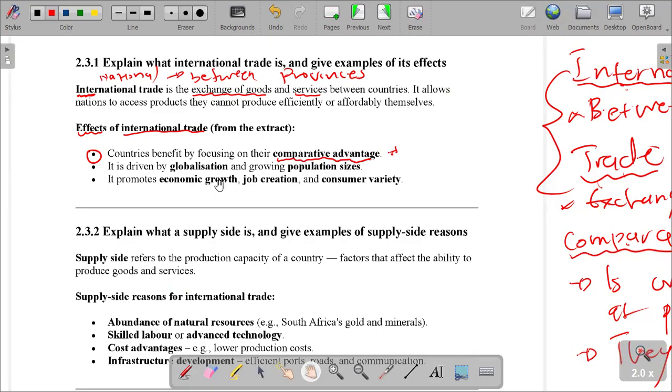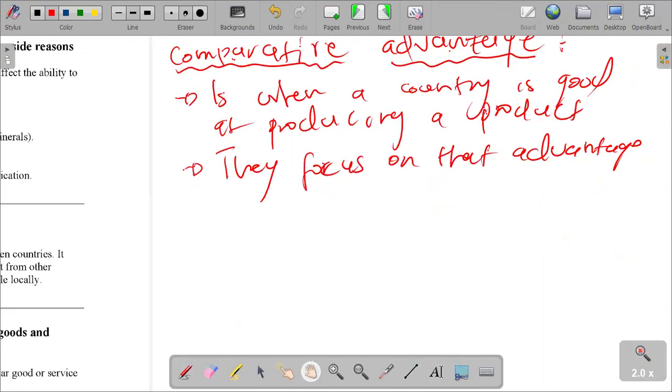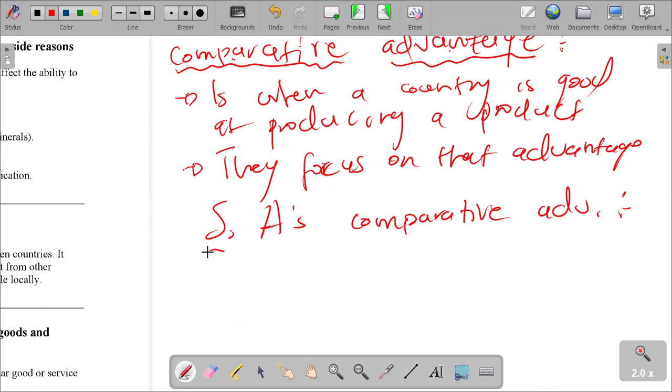So what it means is that if South Africa is good at producing milk, let me just put it down. Let's say SA's comparative advantage, South Africa's comparative advantage.